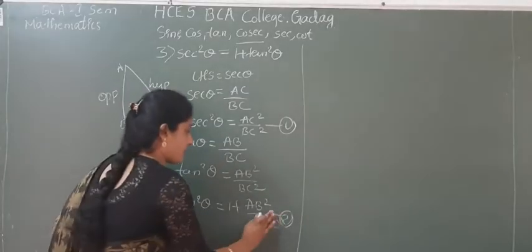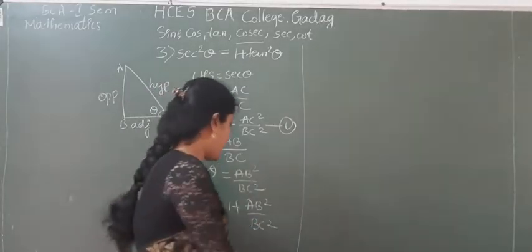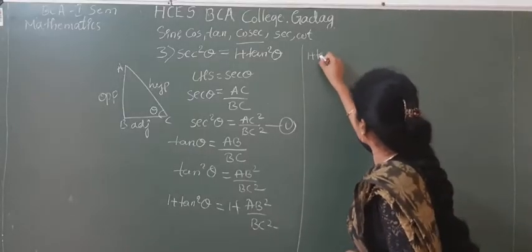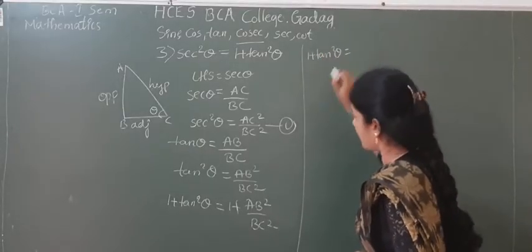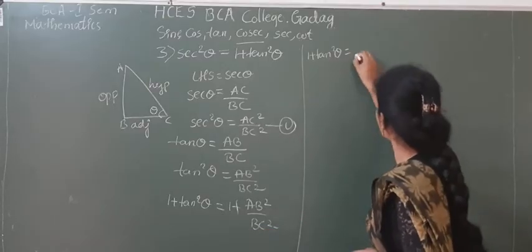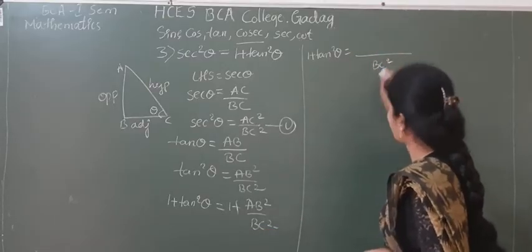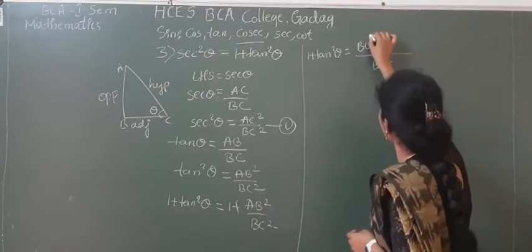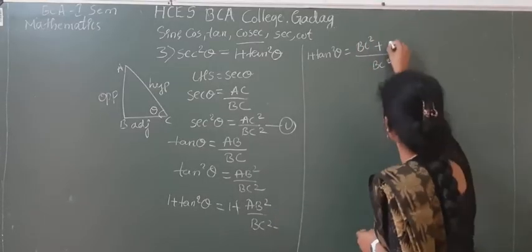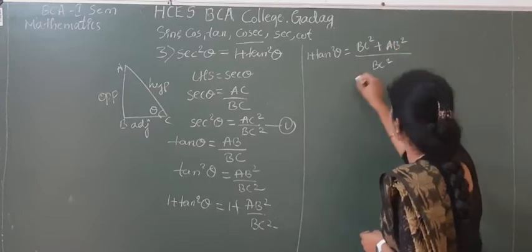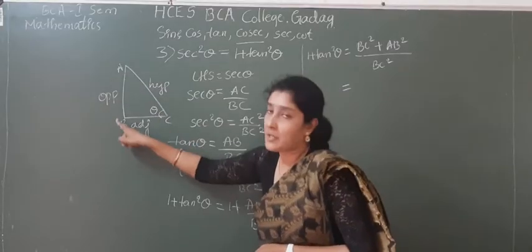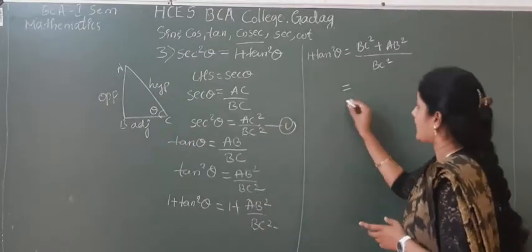Okay, so this is RHS, not yet complete. Now let us simplify this. 1 plus tan square theta is equal to, take LCM, that is BC square. Now here it will be BC square plus AB square. Now again, what is BC square plus AB square? Pythagoras theorem.